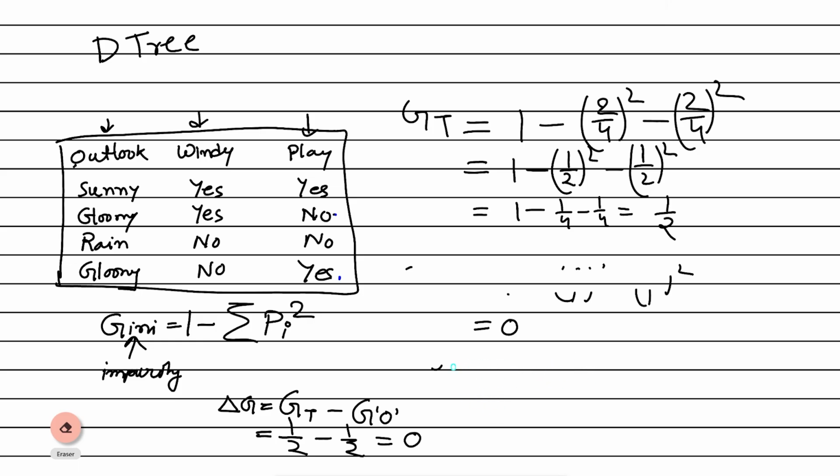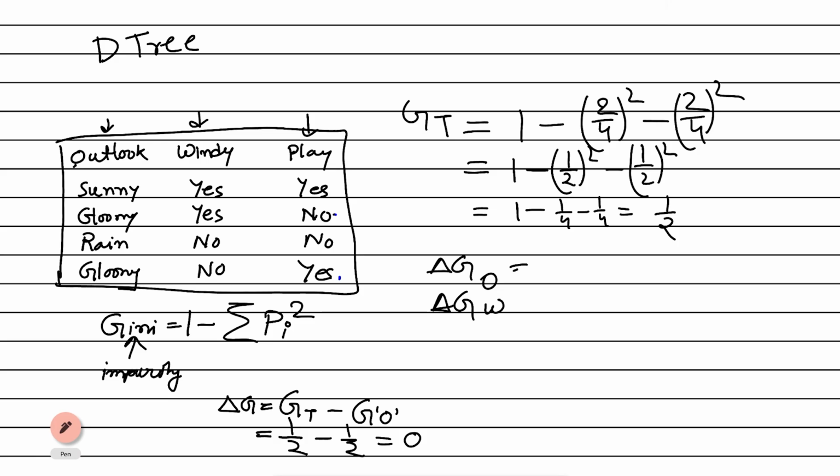And similarly, I can calculate this change in the Gini index for another variable, that is Windy, and then you have to just compare. So this delta G for outlook and delta G for windy, and then you simply create a decision tree. If I observe this case, here I have only 2 instances.